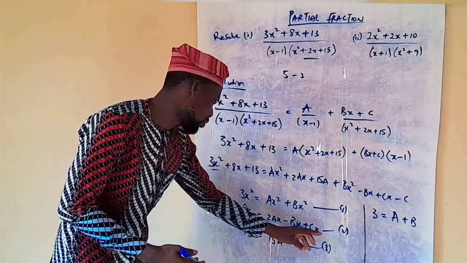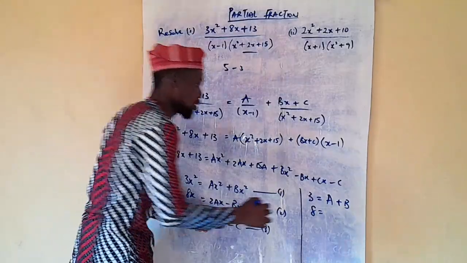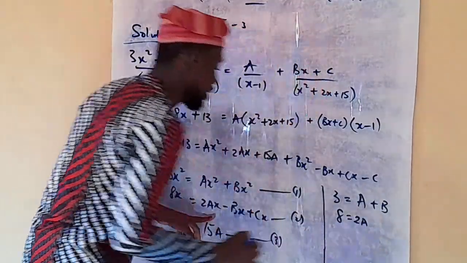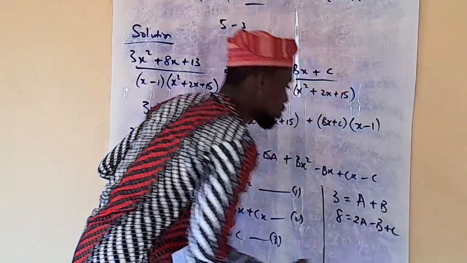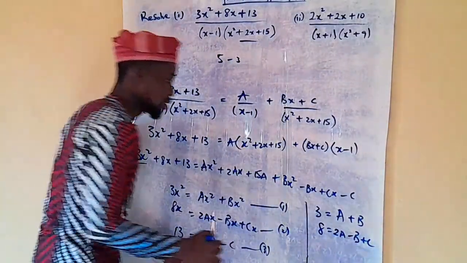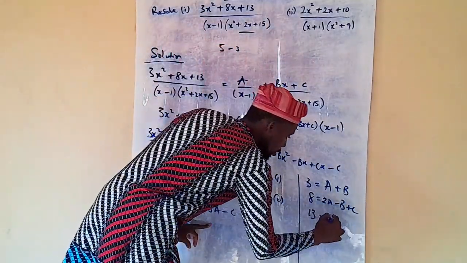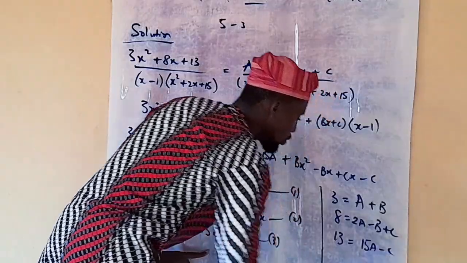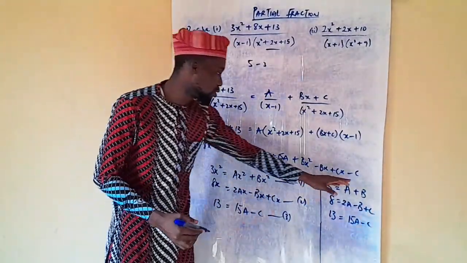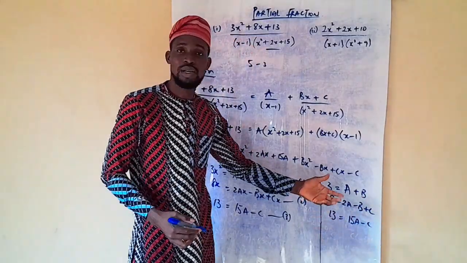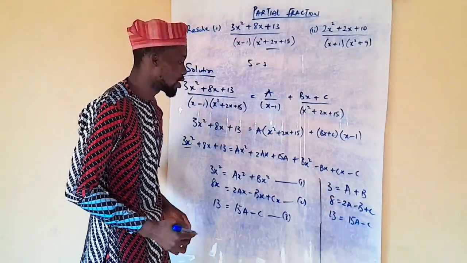Also, if I factorize, I'm going to have 8 equals 2A minus B plus C, equation 2. Then equation 3 becomes 13 equals 15A minus C. This remains the same because I'm not factorizing anything out here. So this is my new equation 1, equation 2, equation 3. From here you can solve using the substitution method and get your answer.